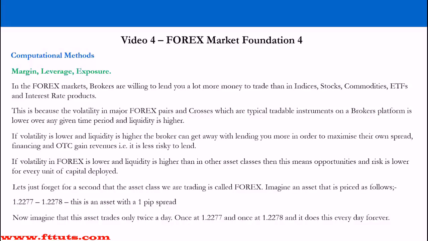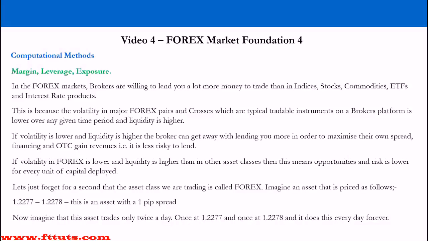because the volatility in major Forex pairs and crosses, in the typical tradable instruments on brokers' platforms, is much lower over any given time period, and liquidity is much higher in Forex pairs than in any other asset class.